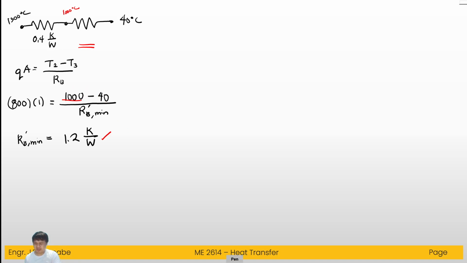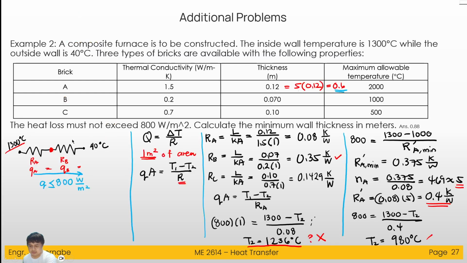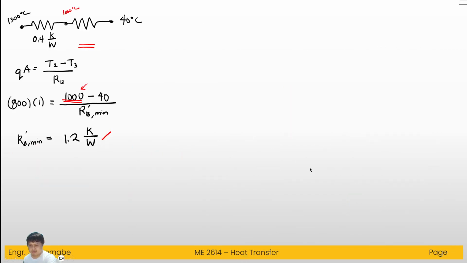Well, actually, the best thing to use here is still 980, but I'm just imagining a worst case scenario, no? So what we can do here next is we can solve for the number of brick B that is needed, since the thickness here is only 0.07 and this is the only resistance it has. So we can divide 1.2 to find the number of bricks needed.